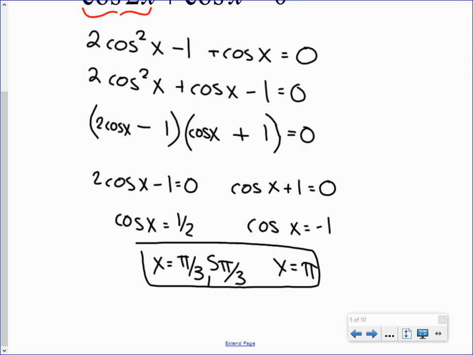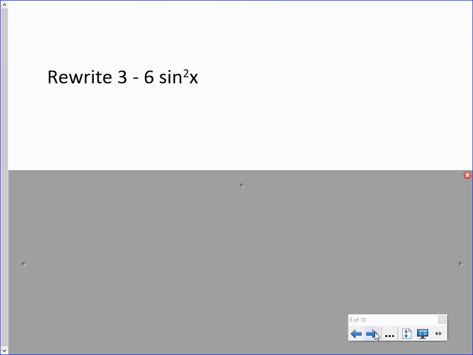Okay, also another use for double angles that you'll see on your homework assignment are just these problems like rewriting an expression. So this looks like 3 minus 6 times sine squared x. Could be negative 6 sine squared x plus 3, but what do you notice about those two terms? They both have a factor of 3.